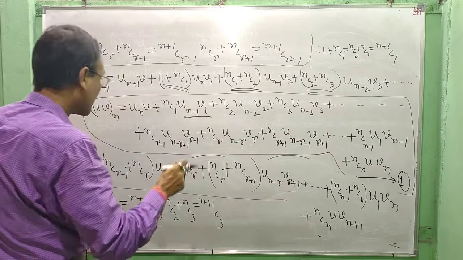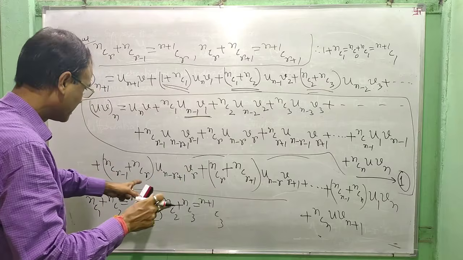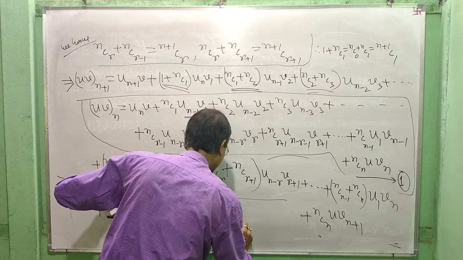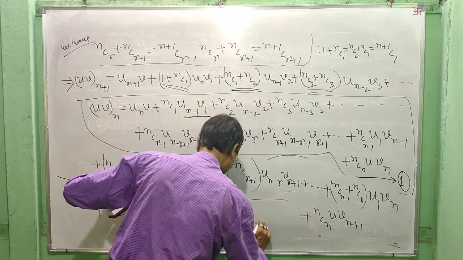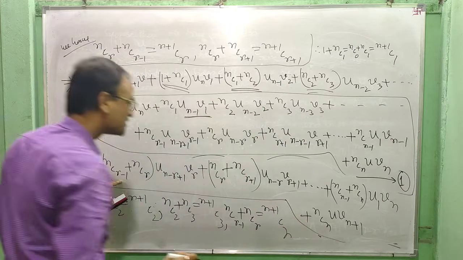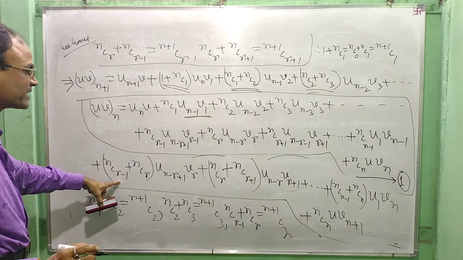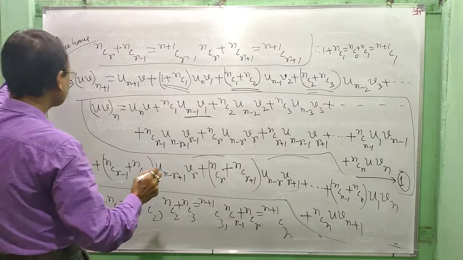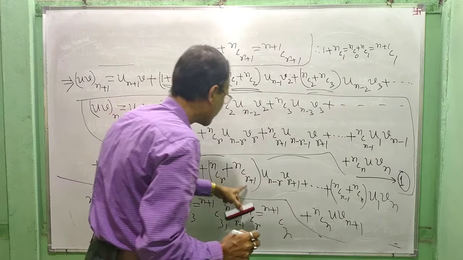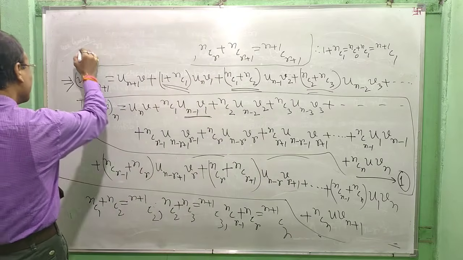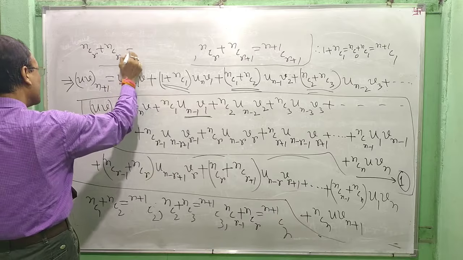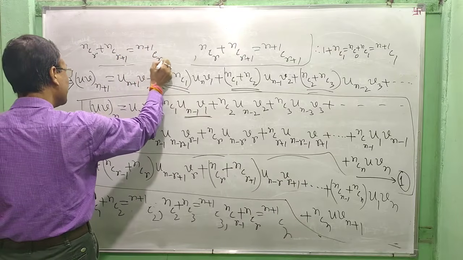Next, this one: NC(R minus 1) plus NCR is equal to N plus 1 CR. Then NCR plus NC(R plus 1) is equal to N plus 1 C(R plus 1).